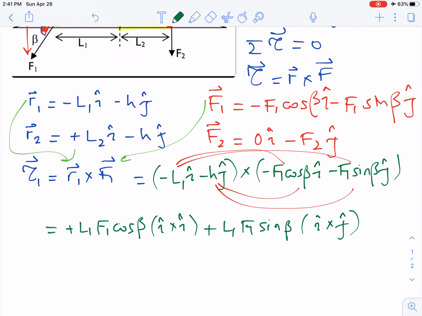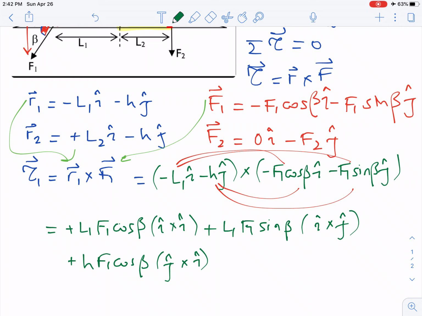Okay, same thing. The second term for R1 and the first term in F1, let's multiply them. They're again negative to negative, so it will give me positive. First term has H, second term has F1 cosine beta. And what is this? j cross i. Next is the last two terms.